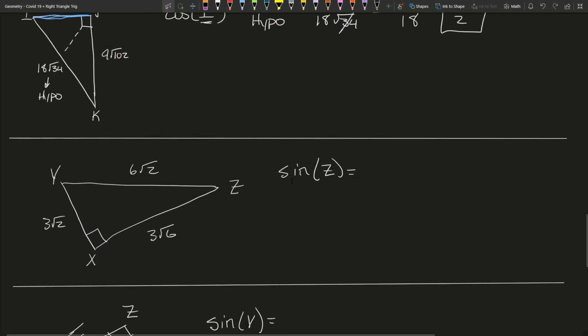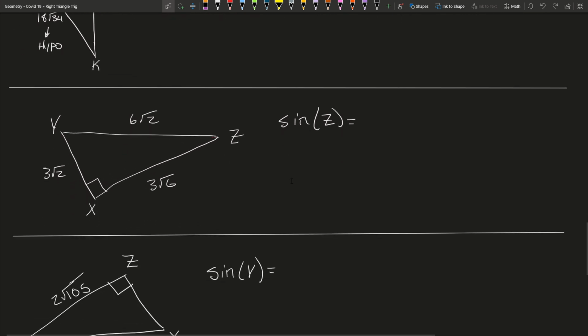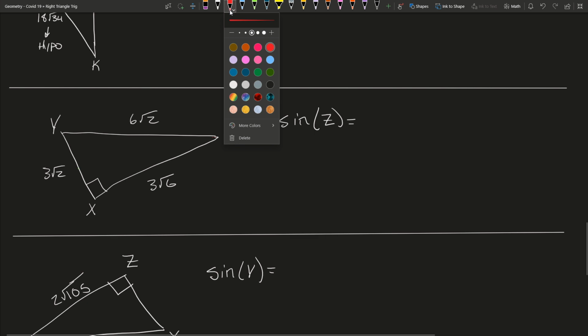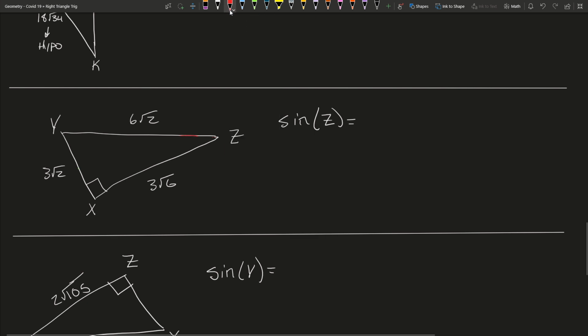Okay, the next problem is kind of the same thing. Given this triangle, we need to determine what the sine of z is. So we know that sine is opposite over hypotenuse.